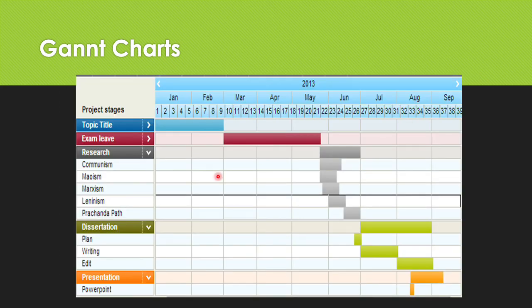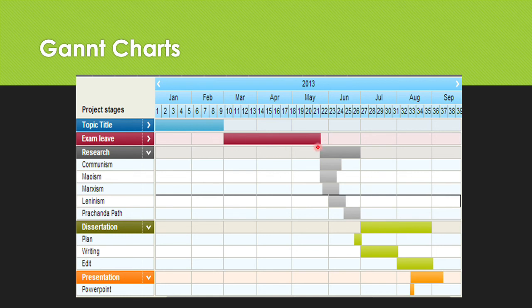In general, this is another kind of Gantt chart. This is one that's a bit more specific, over the course of a whole year. So you've got the months here and the project stages. They've split it up into 1, 2, 3, 4 different stages and so on. They're writing their topic title over 2 months.